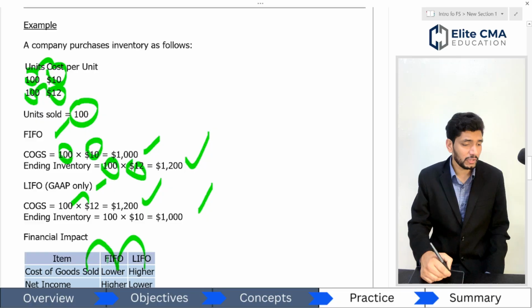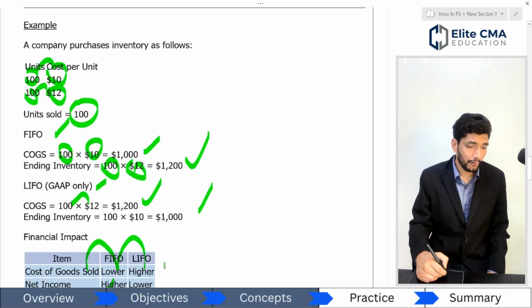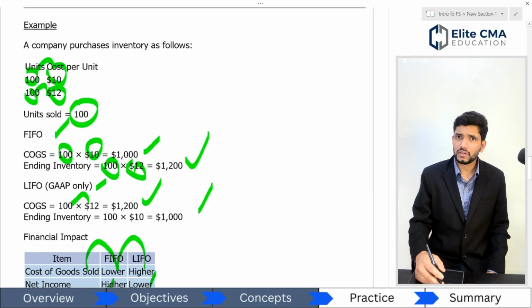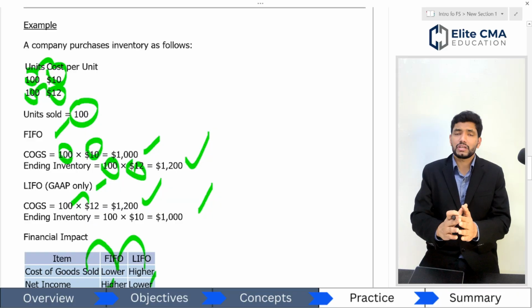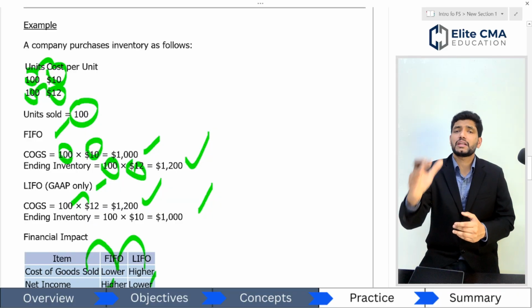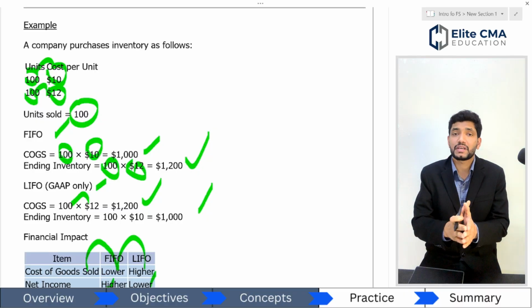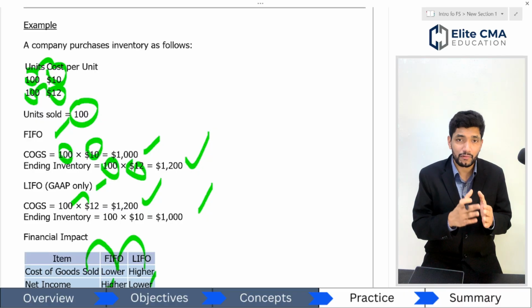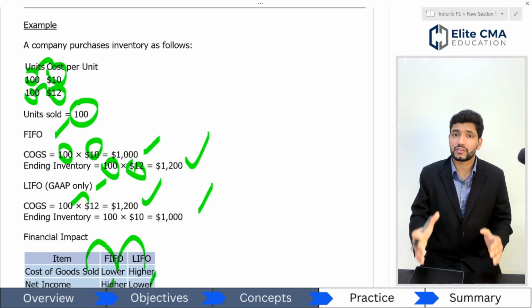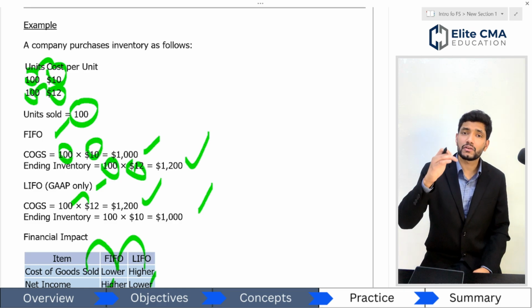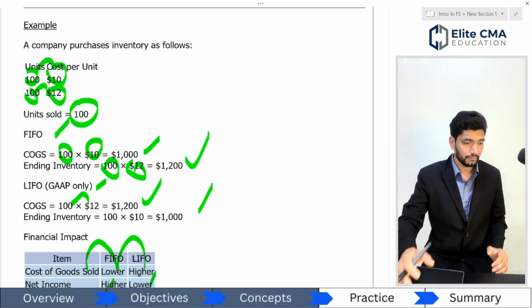So net income will be the opposite of this. In FIFO, it will be higher, and in LIFO, it will be lower. When it comes to inventory valuation, the key difference between IFRS and US GAAP is the allowance of the LIFO valuation method. In IFRS, LIFO is not allowed, but in US GAAP, LIFO is allowed.